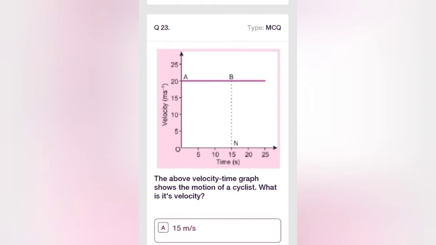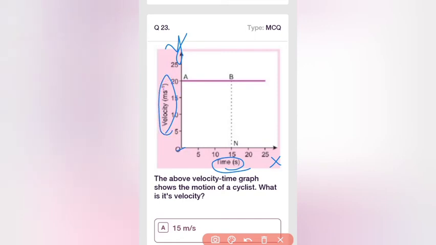The above velocity time graph shows the motion of a cycle. What is its velocity? You have to see the graph very carefully. Here the time is given along the x-axis, and along the y-axis velocity is given.